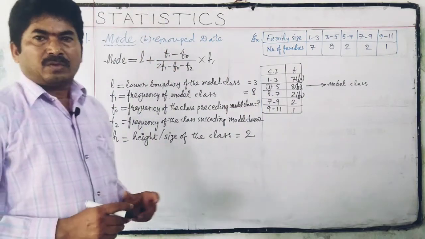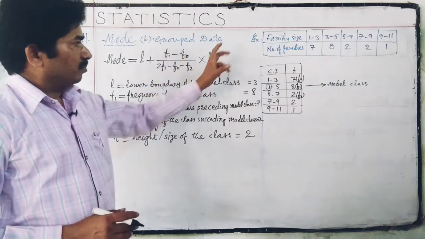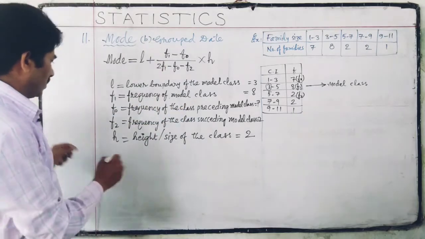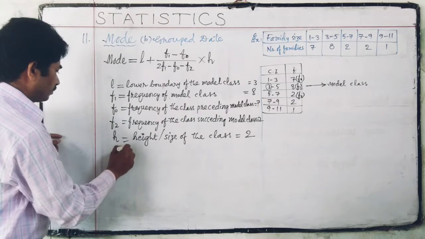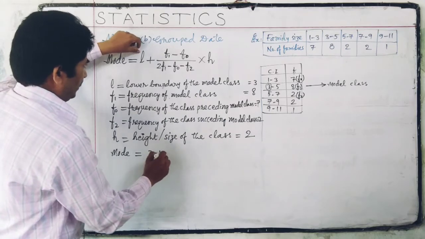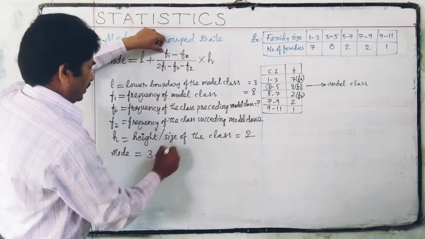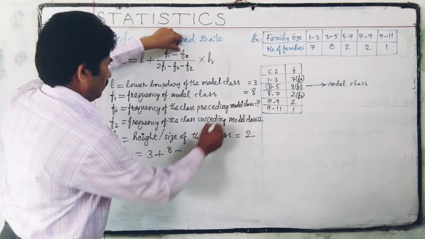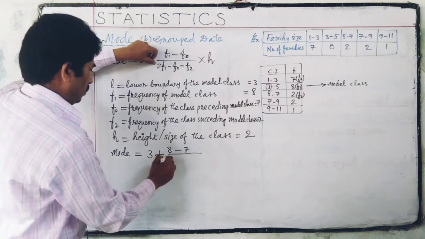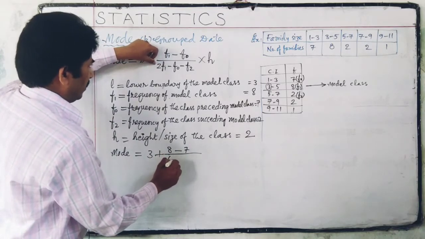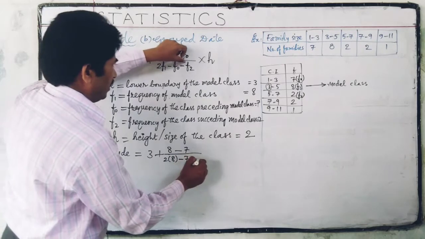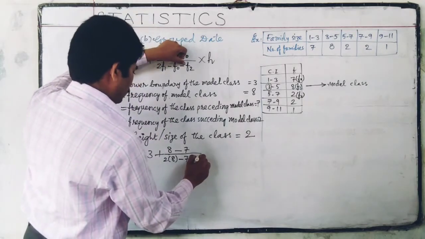Now we can find the mode by substituting these values in this formula. Mode is equal to L 3 plus F1 8 minus F0 7 by 2 into F1 8 minus F0 minus F2, F2 is 2, into 2.